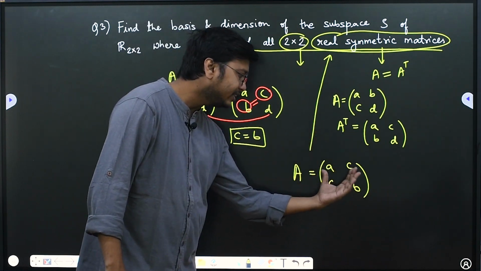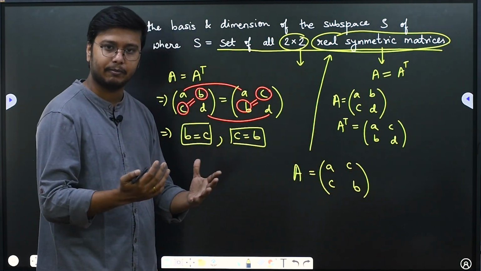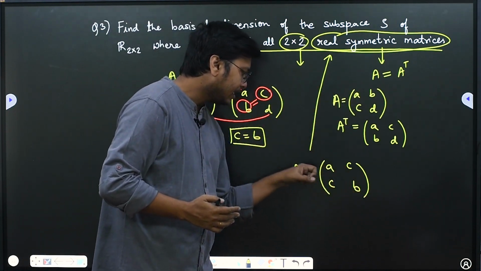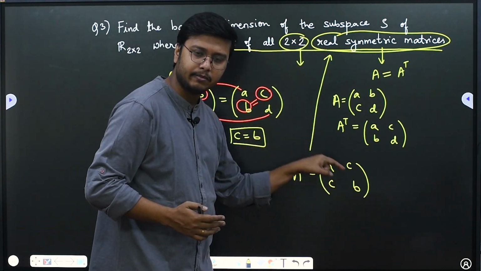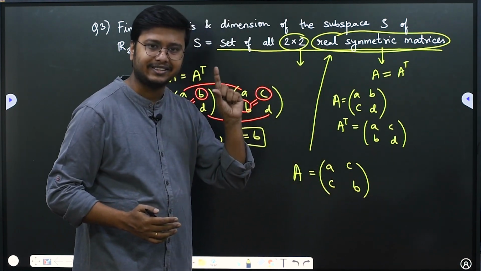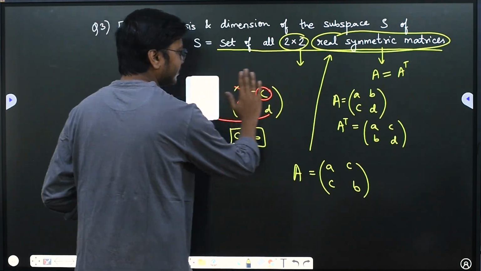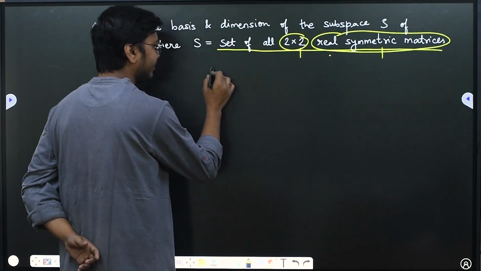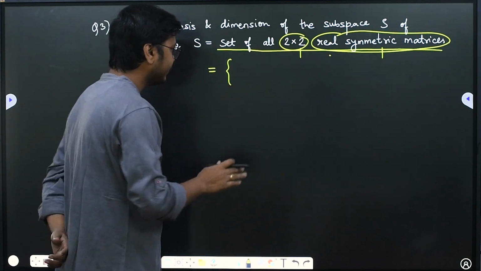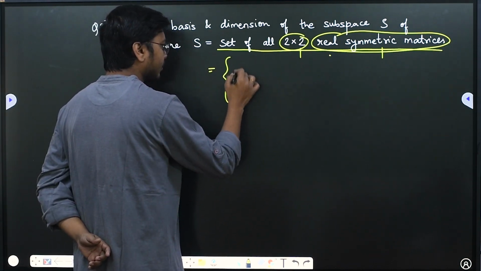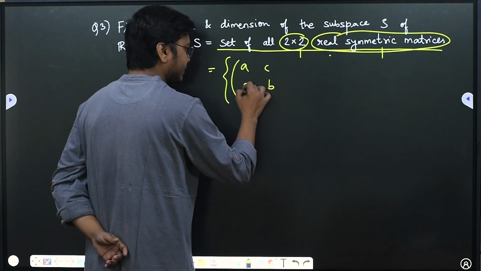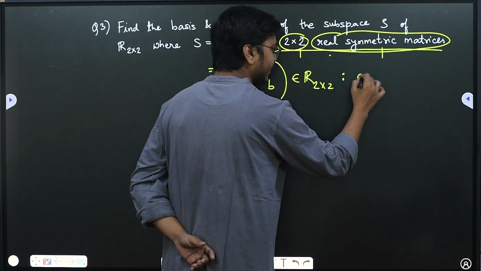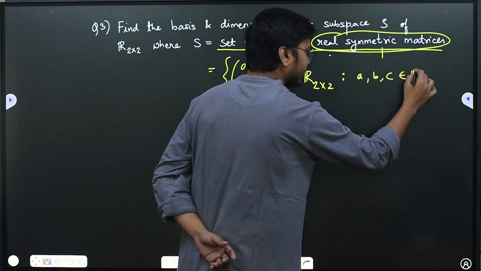So this is the condition you need to remember. I just showed you explicitly how that is happening, but you just need to remember that for a real symmetric matrix, any diagonal element you can take, the cross diagonal has to be the same. So the set of 2 cross 2 real symmetric matrices can be expressed in this format: [[A, C], [C, B]] belongs to R 2 cross 2 such that A, B, C belong to real numbers.